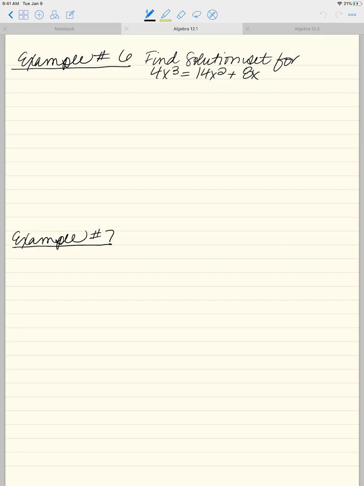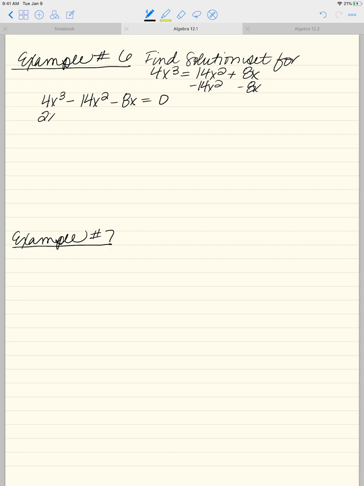Step number 1, put this into standard form, setting it equal to 0. So we're going to subtract 14x squared and 8x from both sides. That gives us 4x cubed minus 14x squared minus 8x is equal to 0.